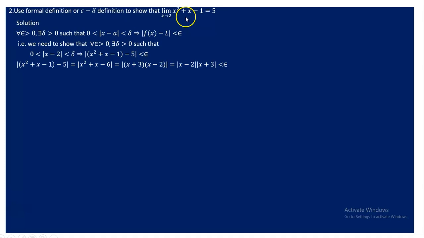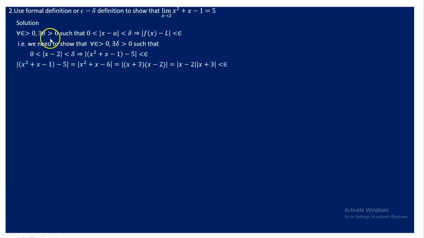You are free to take any interval containing number 2 in order to find the upper bound of this one, because our limit is analyzed near 2. So let's consider an interval containing 2, extending 1 unit to the right and 1 unit to the left. In doing so, we can now take a certain delta value to represent that limit extension.